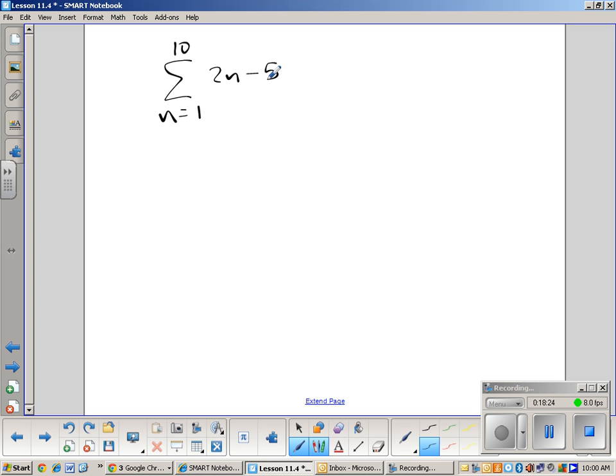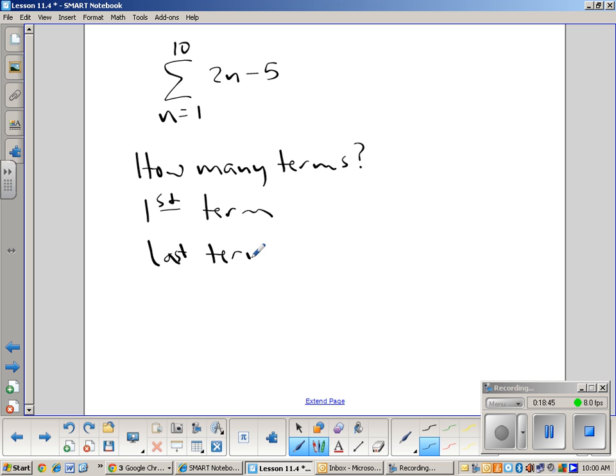And they want you to find how many terms, the first term, the last term, and the sum. So we'll take this example and answer those 4 questions.